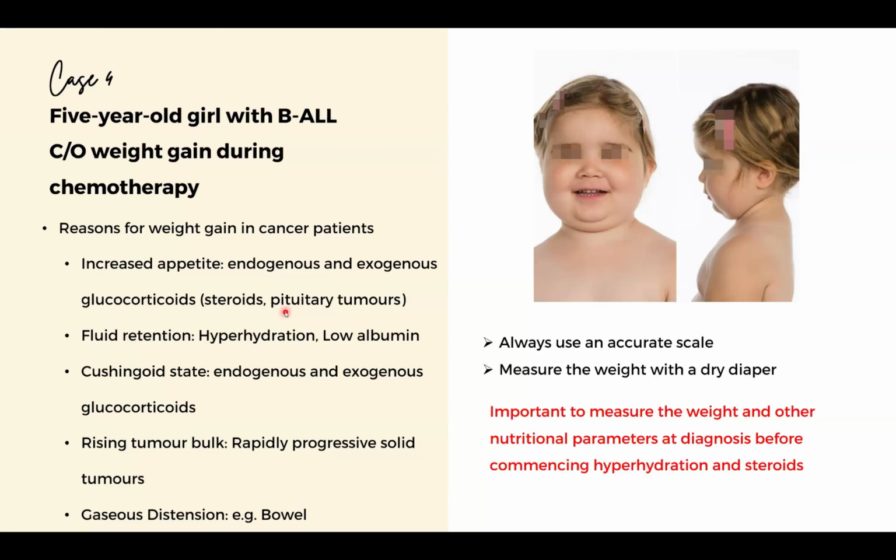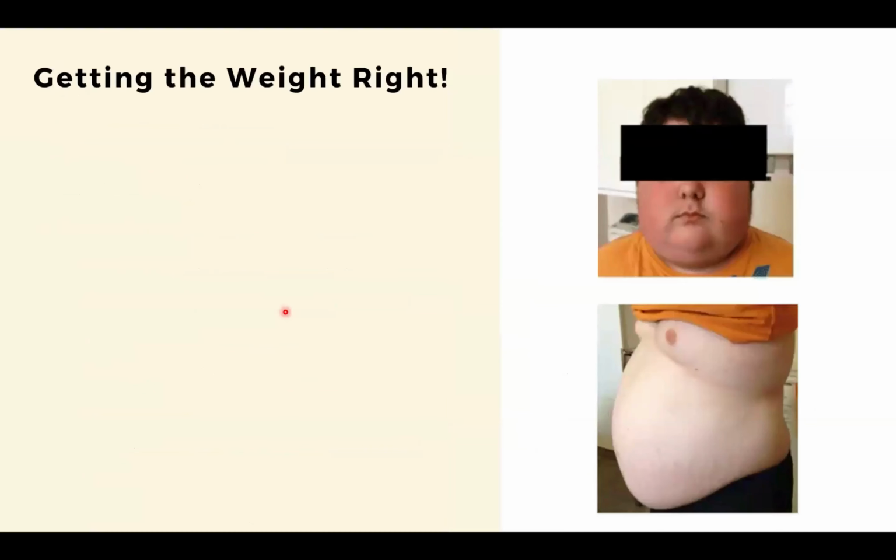So the next day, the weight has gone up by 2 kg. But the nutritional doctor comes after 2 days, and their baseline weight is recorded as a wrong weight. So make sure you get the correct weight at the very beginning. That should be the baseline weight for the patient.